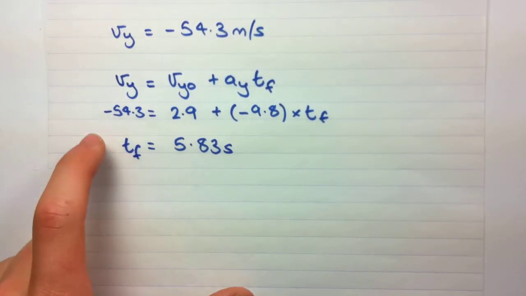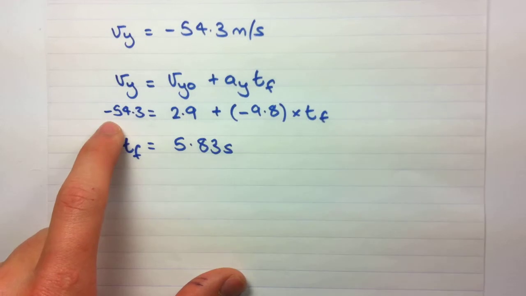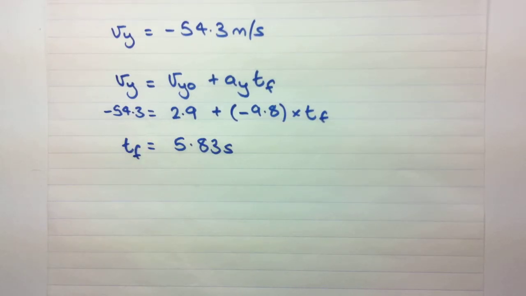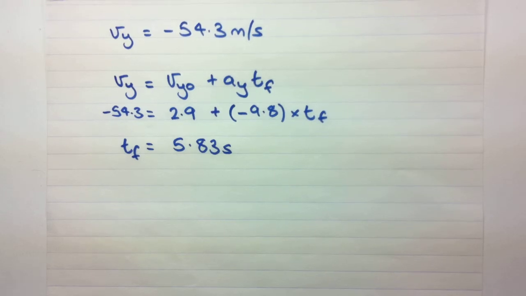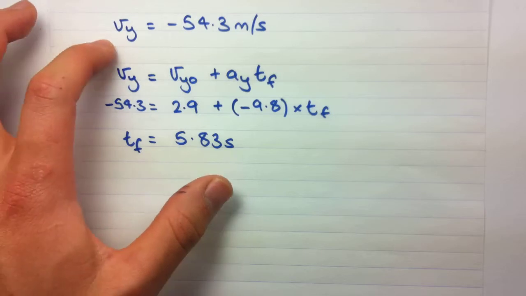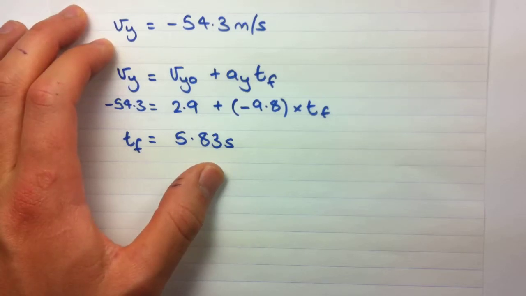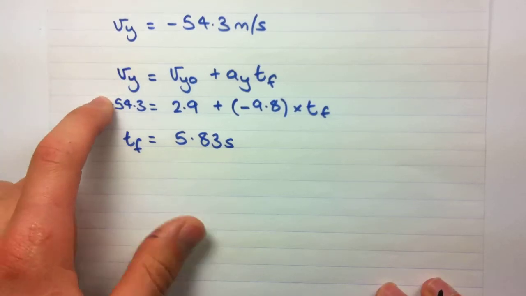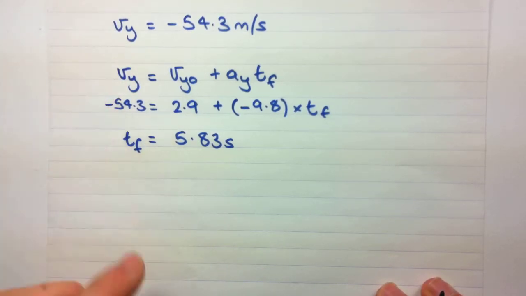Had I not remembered this minus, I might have got a negative time, which is impossible and doesn't make any sense. So that minus became really important. So that's another way: you can find the magnitude of the final velocity in the y direction, and then use this equation to find the time of flight.